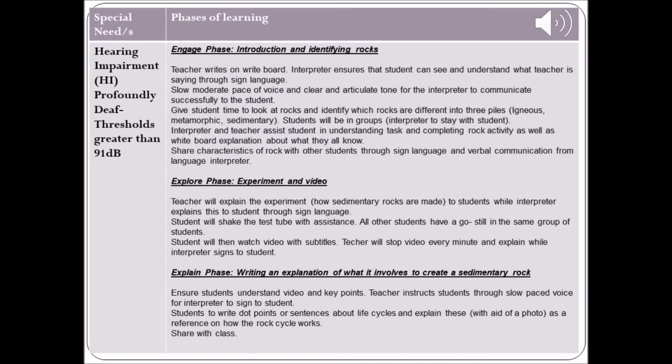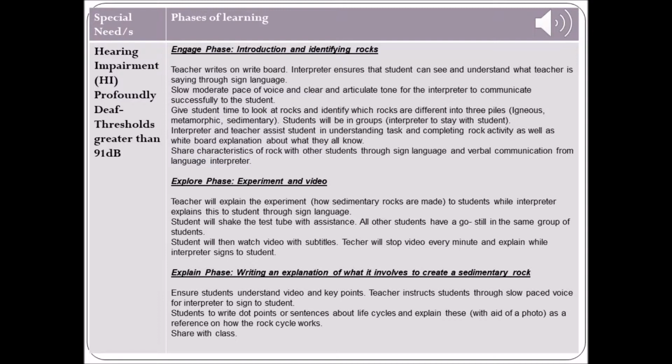Let's begin with our first learning need, hearing impairment, profoundly deaf, thresholds greater than 91 dB. It is important that throughout this learning phase the student has a sign language interpreter. In the engage phase, the teacher writes on the whiteboard and the interpreter ensures that the student can see and understand what the teacher is saying through the use of sign language.